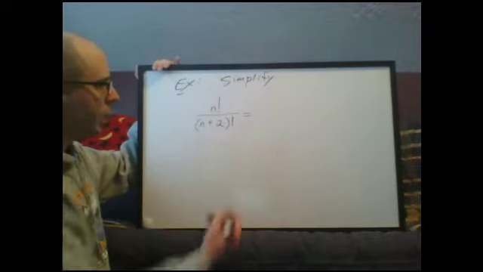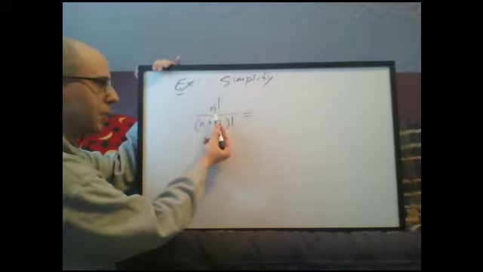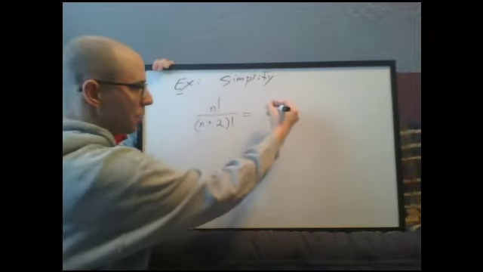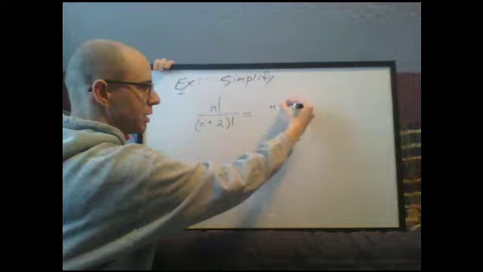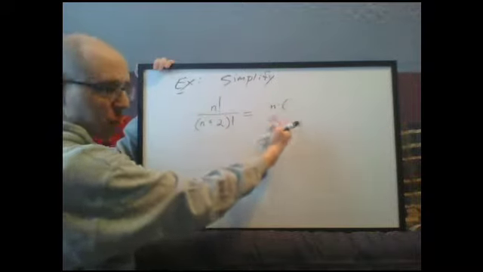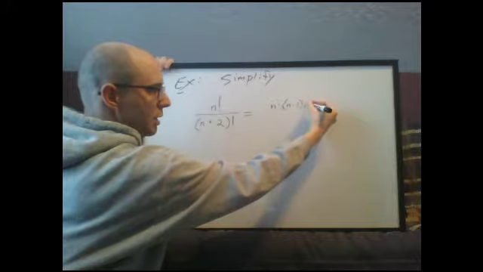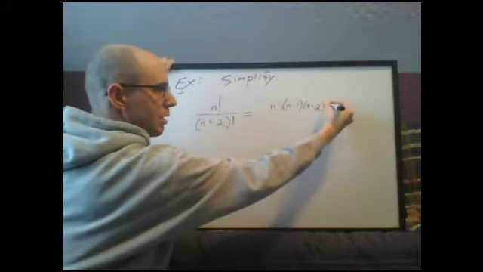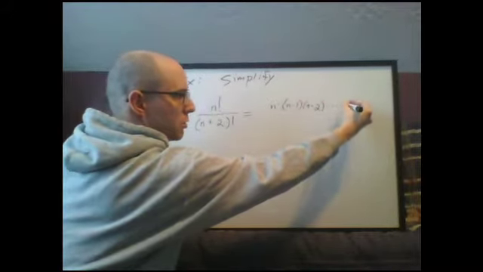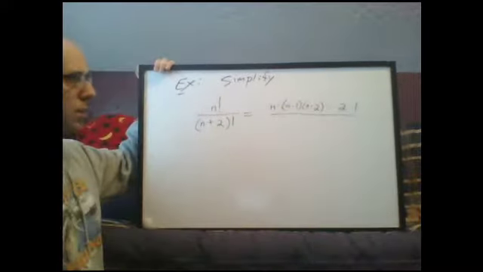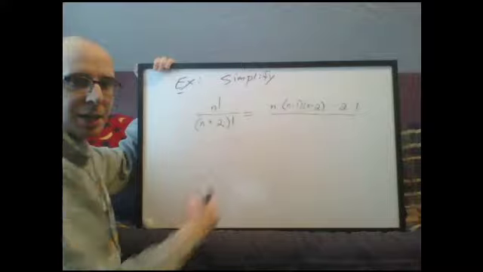I don't want to write it out this way, but if we thought of it by our initial definition for factorials, n factorial would be n times, so we start with n and we work our way down to 1. So n times n minus 1 times n minus 2, and so on, all the way down to 2 times 1. And so that n factorial would expand like that.